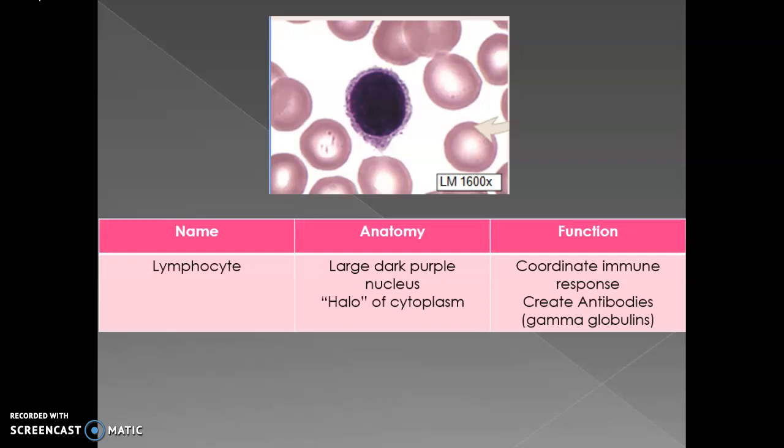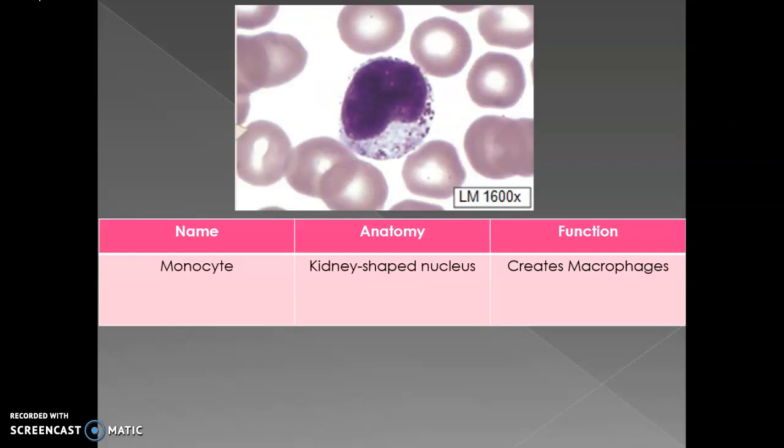Looking at the agranulocytes, we have lymphocyte with a large nucleus. Remember, lymphocyte, large nucleus. The nucleus is so big that it takes up most space in the cytoplasm, and you just see a thin halo of cytoplasm in the periphery. And the lymphocyte is associated with making antibodies. Then we have monocyte.